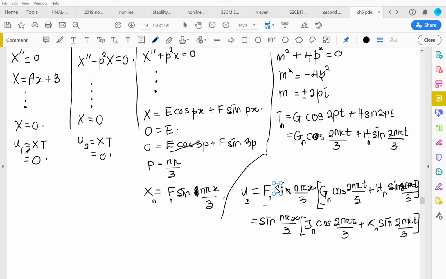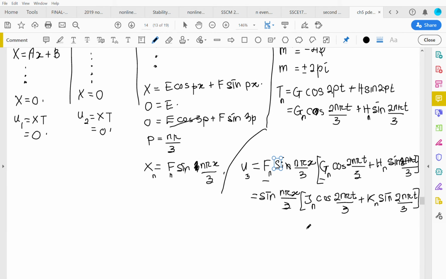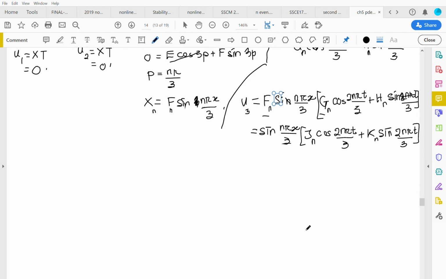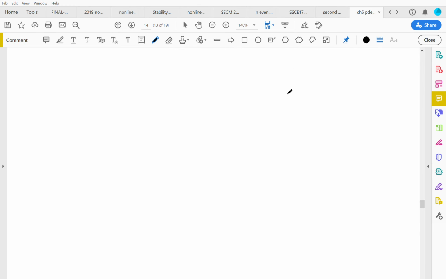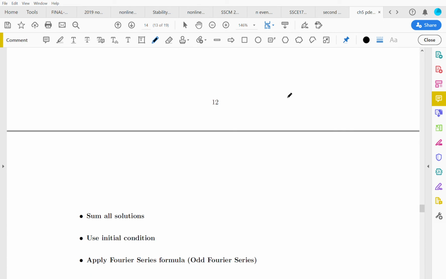So for the first case, zero solution. The second case, zero solution. We have only the third case, the non-zero solution. So after we sum all solutions, only this part will appear. As we already discussed in the previous example, in this case the first solution is 0, the second solution is 0.